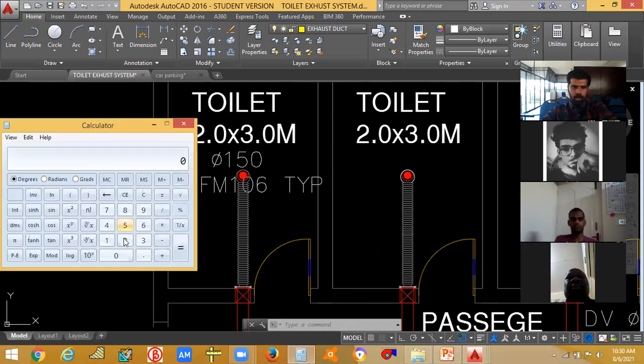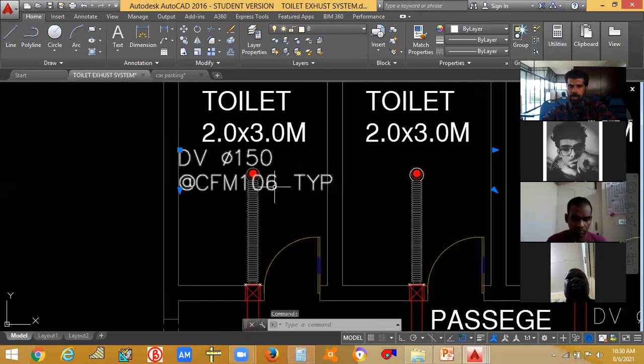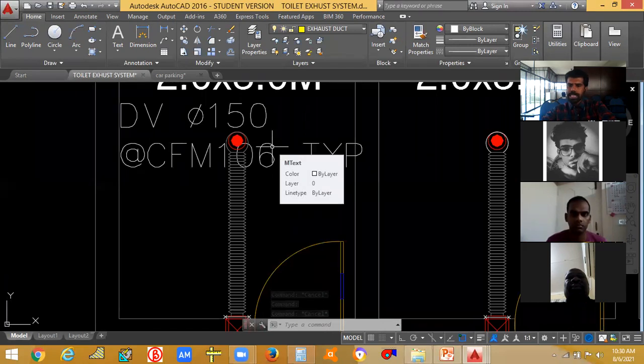For example, length 2 into width 3 into height 3 meter, so 18 meter cube is my volume, into ACH, for example, let me take 10, divided by 1.7. I got 105.88, which is approximately 106 CFM. With this 106 CFM, I have to size the duct.